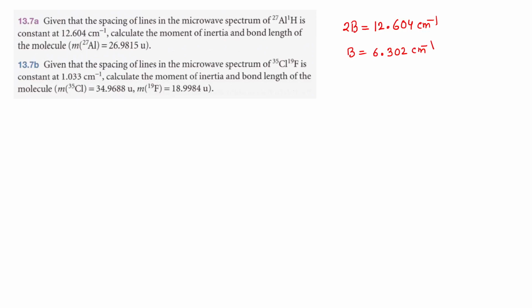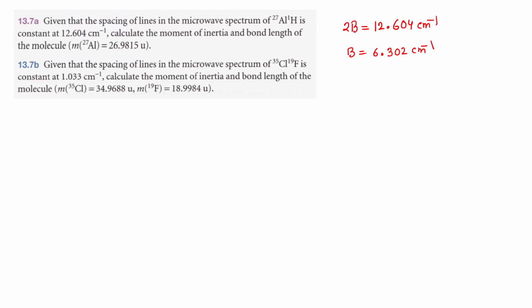For the lighter molecule, it is higher. Lighter molecule, because your rotational constant is inversely proportional to the reduced mass, right? Yes. That's what I was trying to focus on for this question.